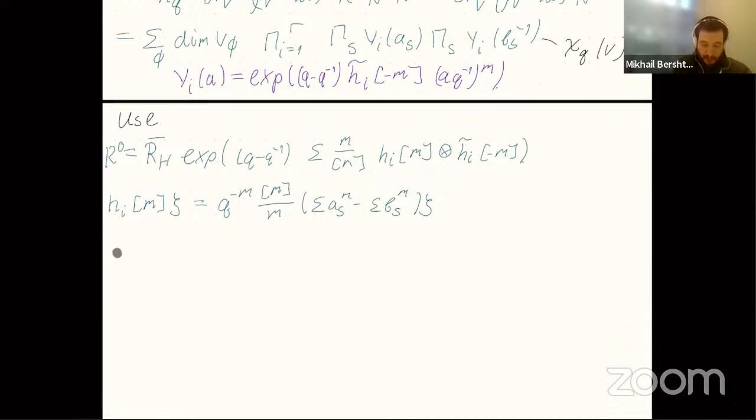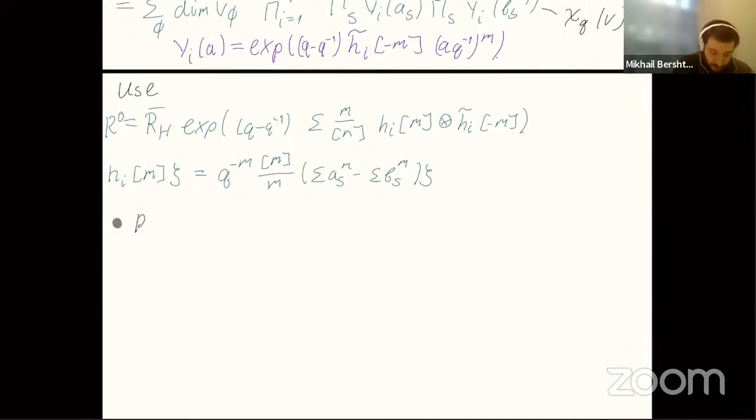So let me make a remark. In terms of integrable systems, we have the difficult XXZ integrable system, and we replace it by simpler integrable systems.